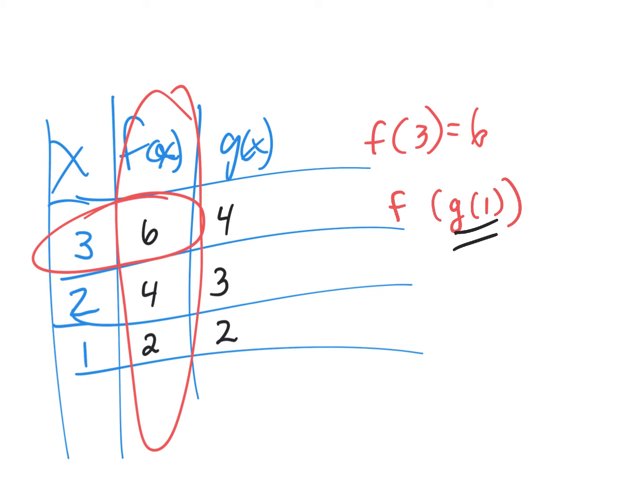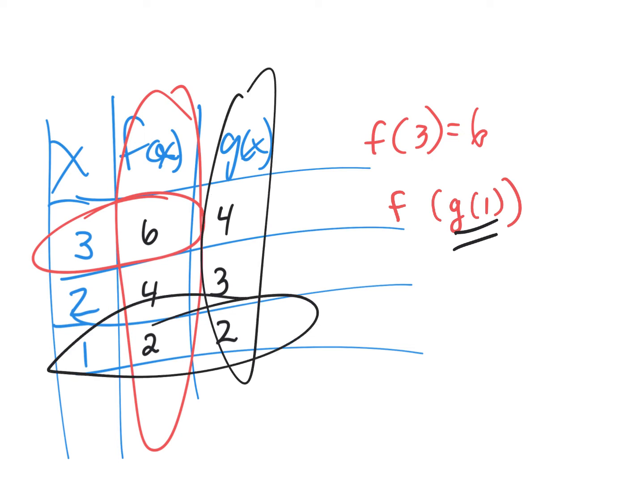Okay. Josh, g of 1. 2. Yep, g of 1 is 2. Here's the g function, here's the 1, and they overlap at 2. That's 2. Now what are we supposed to do? Yes? F of 2. Perfect.